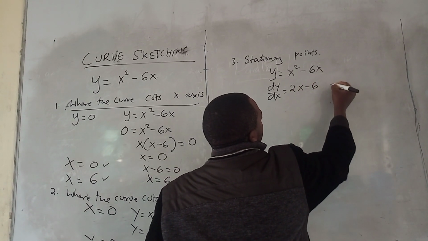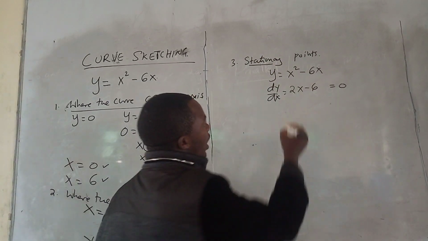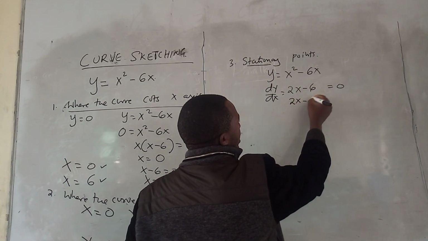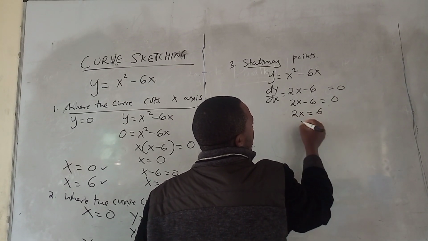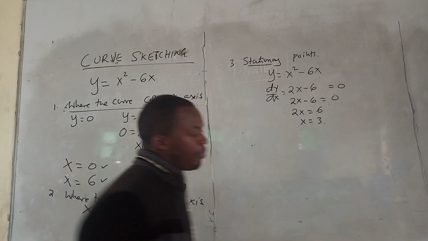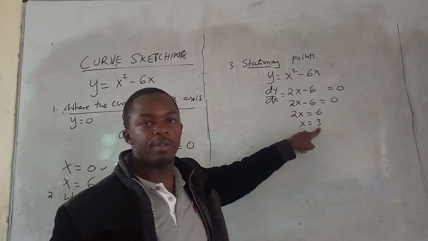I equate this to 0 because it is a stationary point. So I'll have 2x minus 6 is equal to 0, 2x is equal to 6, and x is equal to 3. So this is one coordinate of the stationary point.